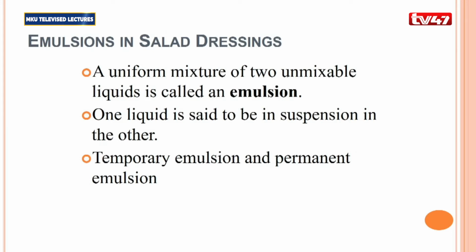The water, because it is heavier, will go to the bottom, and then the oil will suspend on top. And that is why we are saying that you can have what we call a temporary emulsion, or you can have a permanent emulsion. We'll be able to see what this temporary emulsion and this permanent emulsion are. Because already we said that one liquid is in suspension in the other, and that there are two unmixable liquids.